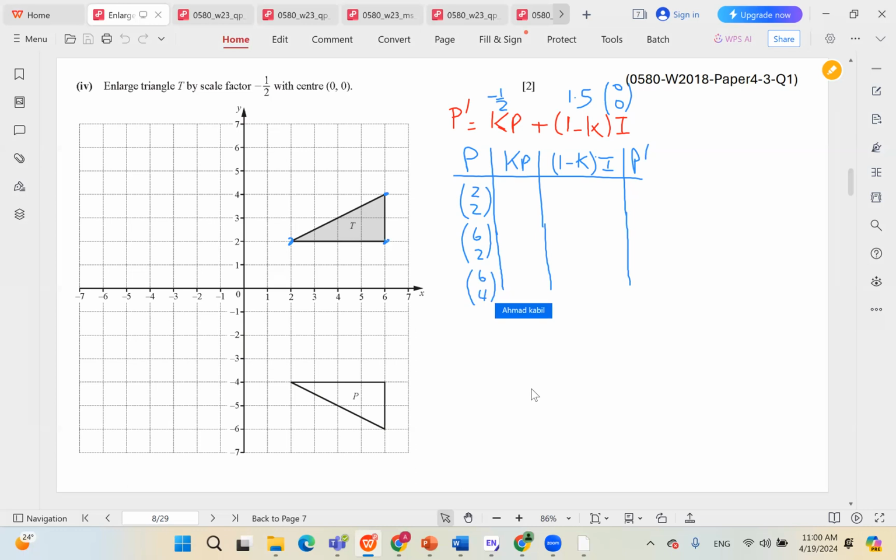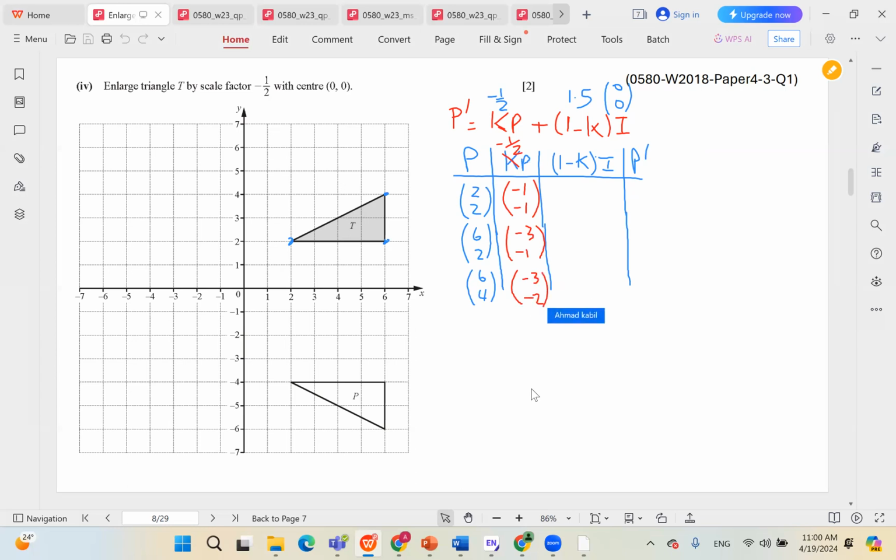Now, we're going to get KP by multiplying these points by -½ like we said. So we would get -1, -1, and then -3, -1, and finally -3, -2.